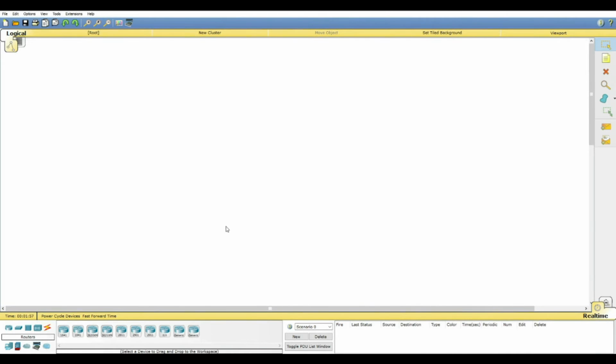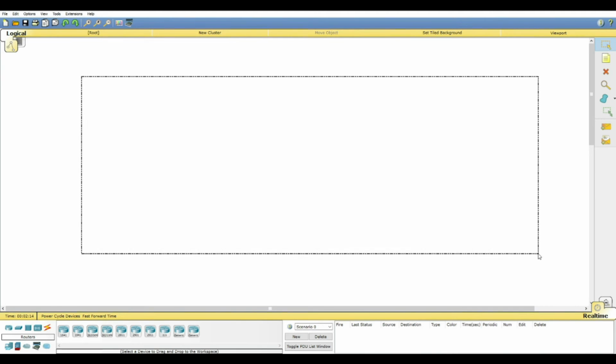Hello everyone, today I'm going to show you some of the basics here in Cisco. So what is Cisco Packet Tracer? Basically it is an application where you can do some computer networking.